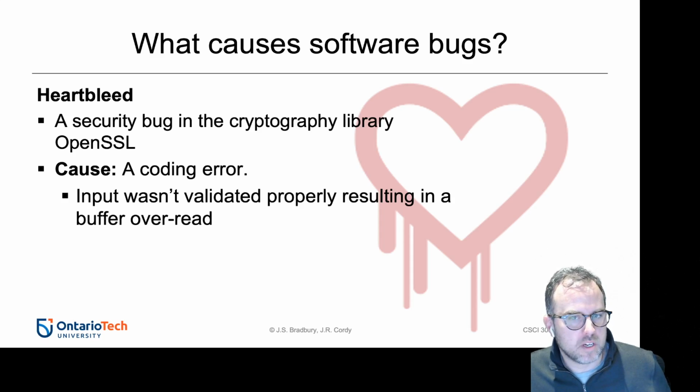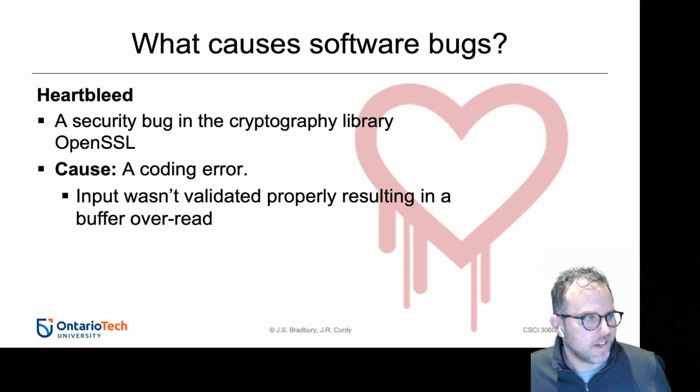What it meant is that the buffer could overread, meaning the buffer could read beyond where it was supposed to, which means it could actually read malicious code, which could then allow somebody to circumvent the security and access, either cause damage by deleting data, or provide them, in some cases, even access to a system.